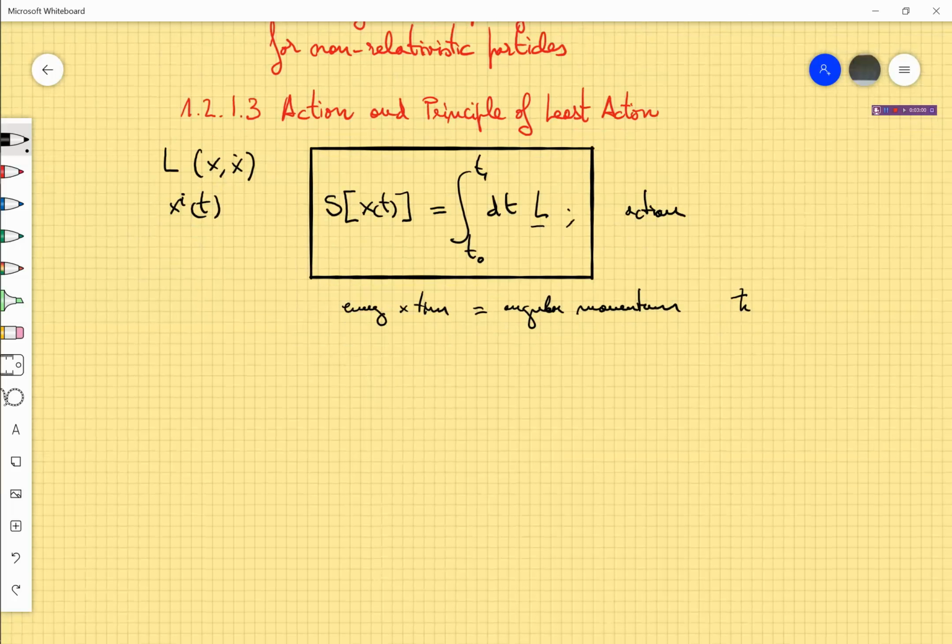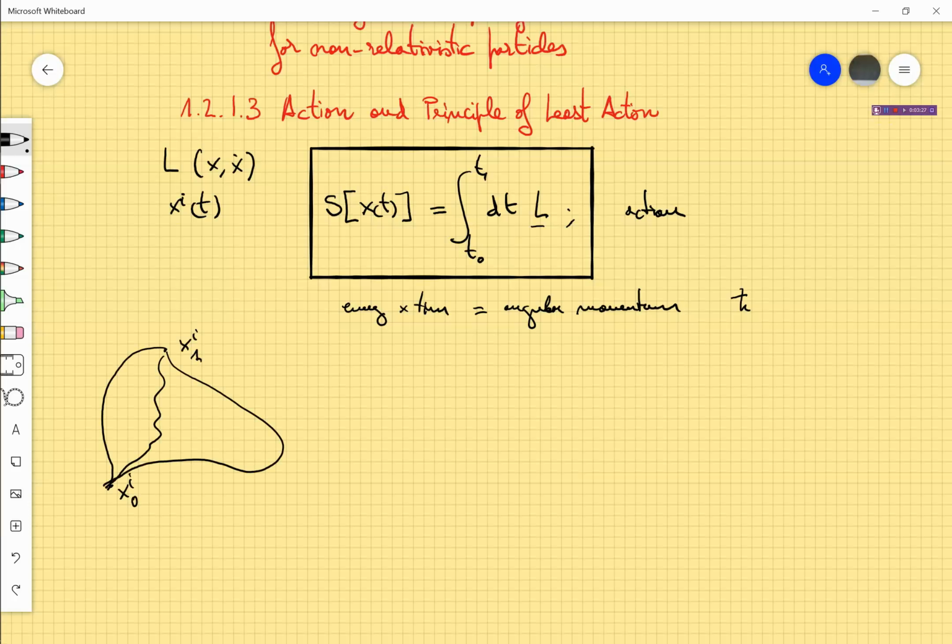Now that we have this object, this functional at our disposal, we can consider the following situation. We have two points in space, x0^i and x1^i, and we consider possible generic trajectories that do not have to satisfy the equations of motion, which start at x0 at time t0 and end at x1 at time t1.